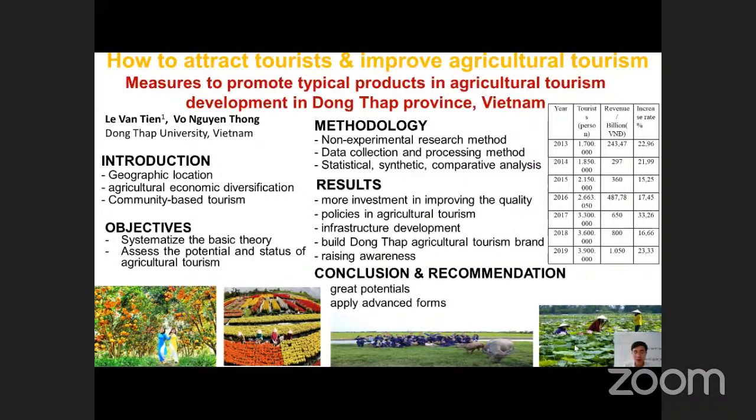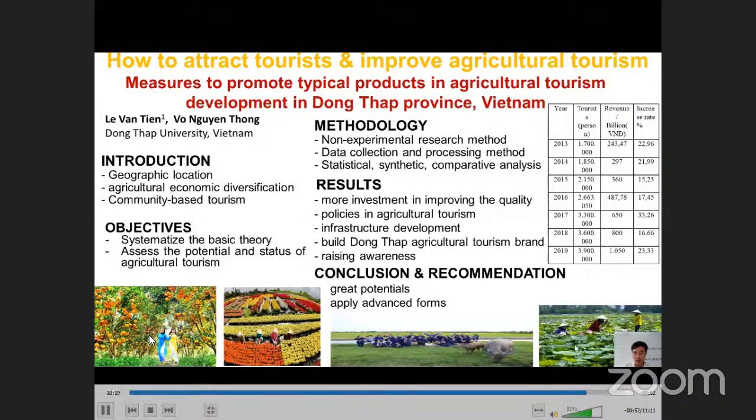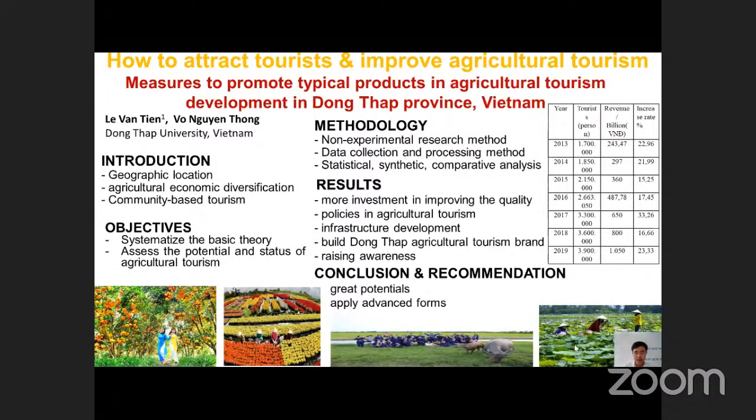It is important to apply advanced forms of production towards high-technology chains of specific agricultural tourism services with natural resources, and to diversify channels to promote agricultural tourism in the coming years, to attract tourists and improve the quality of Đồng Tháp's agricultural tourism services.